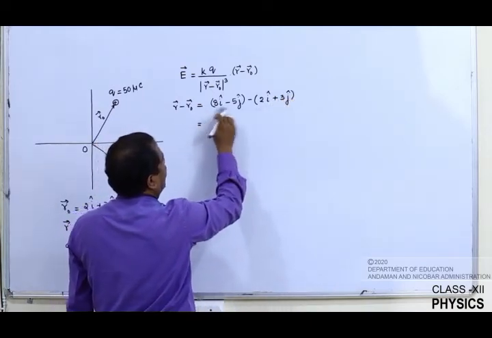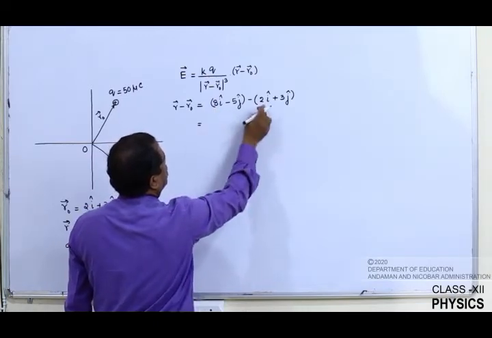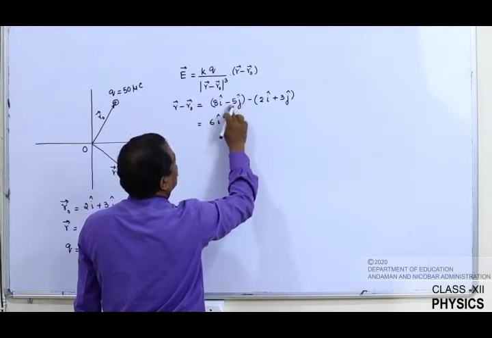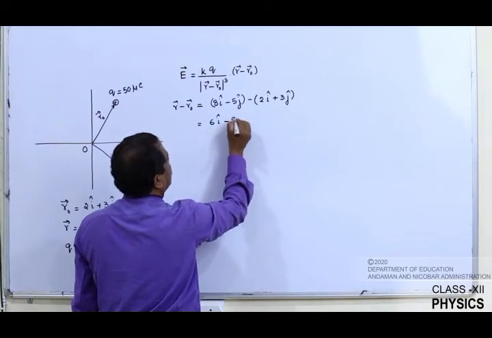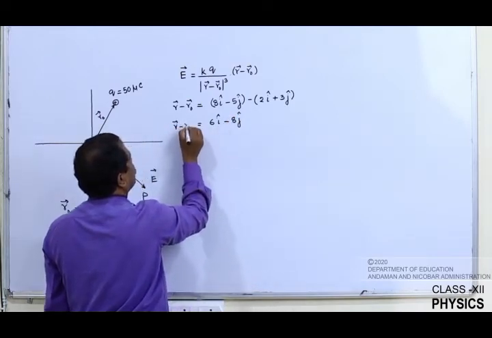This works out i minus i, so 8 minus 2 is 6i cap, and minus 5j minus 3j is minus 8j. This is R minus R naught.